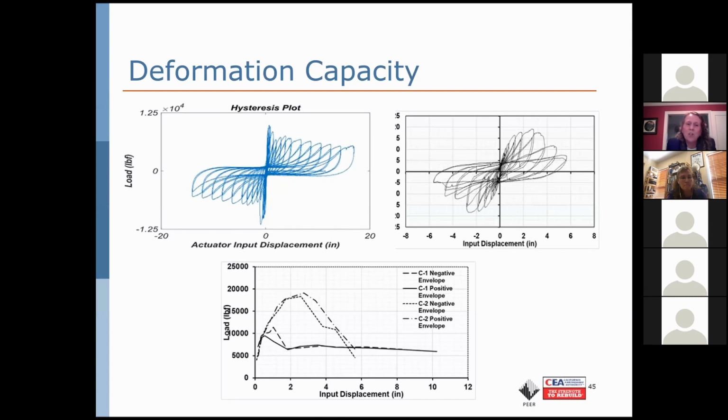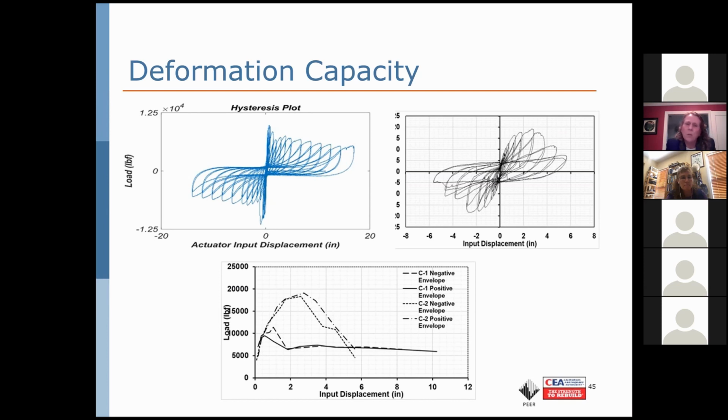And this kind of challenges our traditional thoughts about what's brittle material and what's ductile material. Because once we're not just looking at the peak, but we're looking at all of this post-peak residual, plaster on wood lath that we would normally think of as very brittle actually has incredibly ductile behavior and retains strength out to huge deformations.